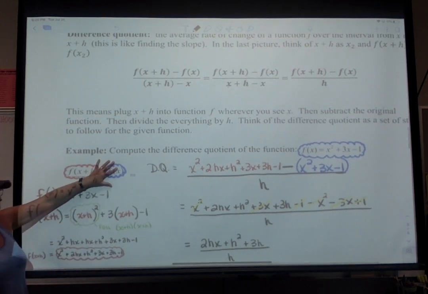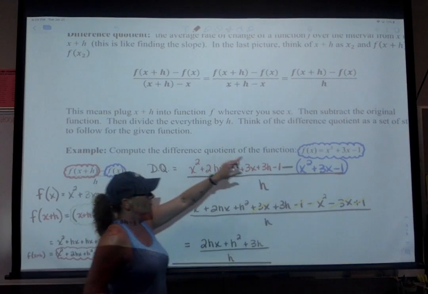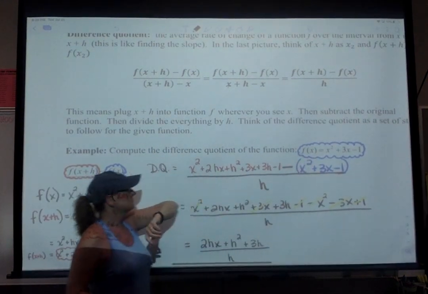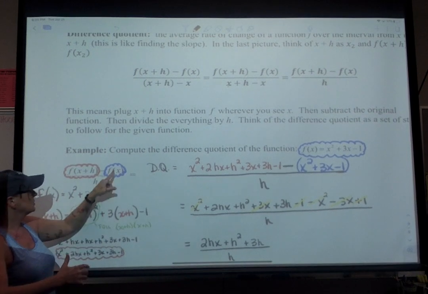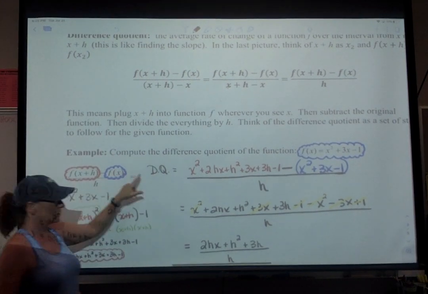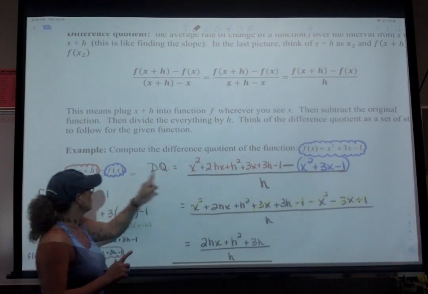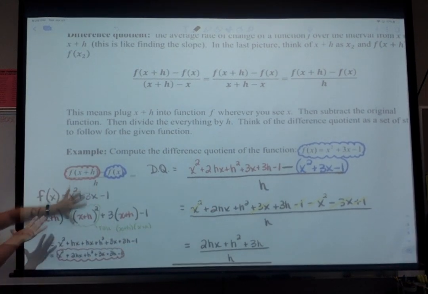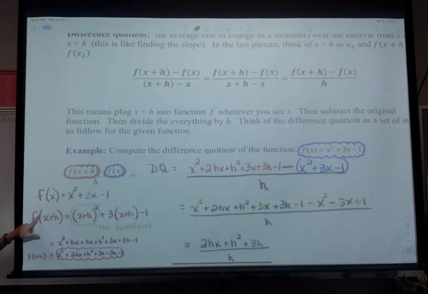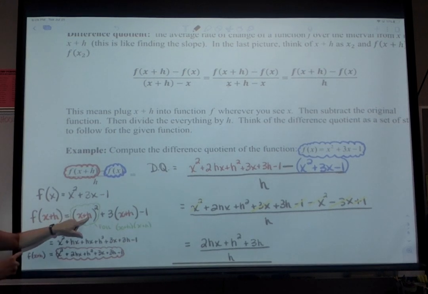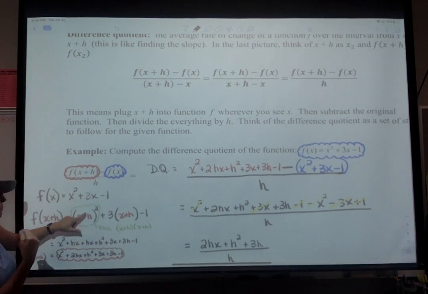Reminder, you don't have to memorize this. This is what your function looks like with x plugged in. It's up to you to use it here. And don't forget to put parentheses around it. It's also up to you to somewhere over to the side, write out what your function looks like with x plus h plugged into it.